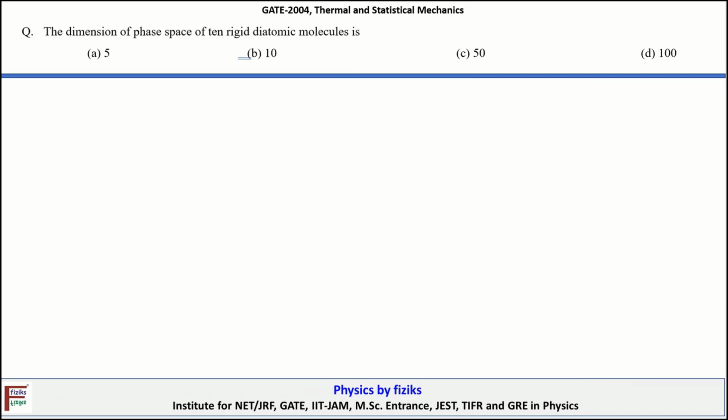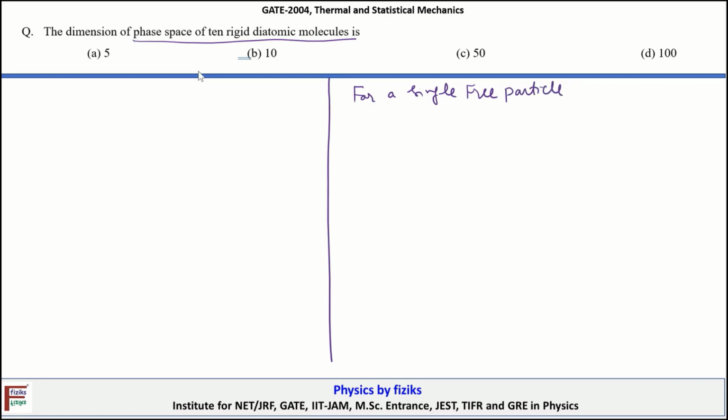So let's continue with the last problem from the GATE 2004 examination. Here the question is the dimension of phase space of 10 rigid diatomic molecules. Before we continue with the diatomic molecule, let's continue our discussion with one single free particle. For a single free particle which is moving freely, it can move in any direction.